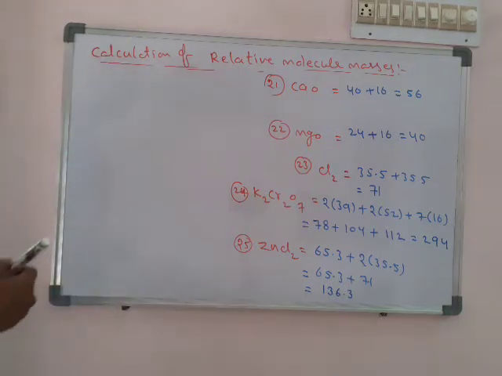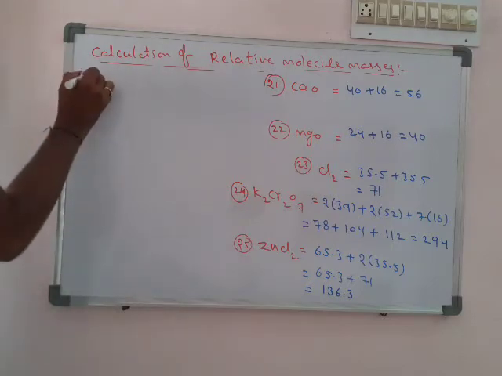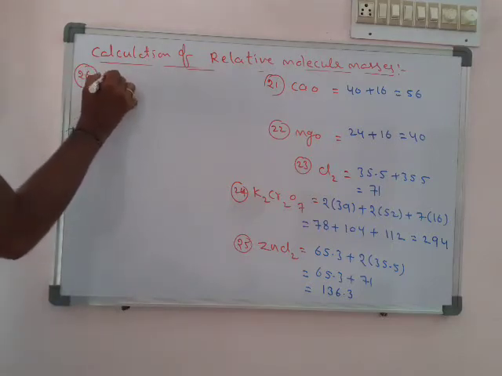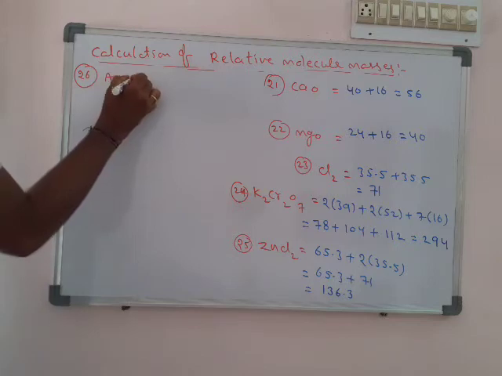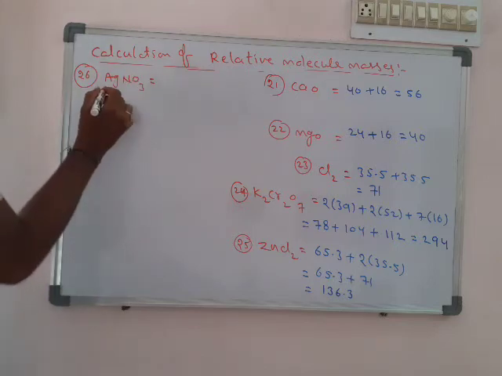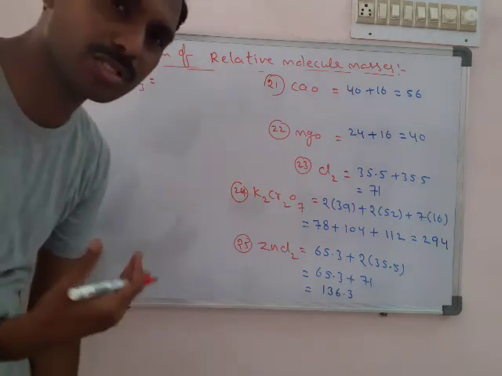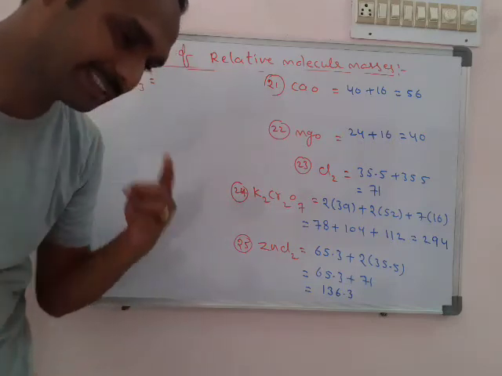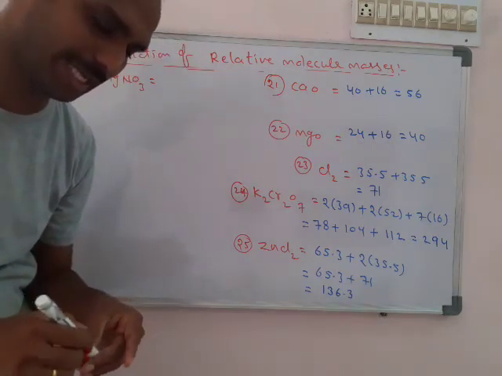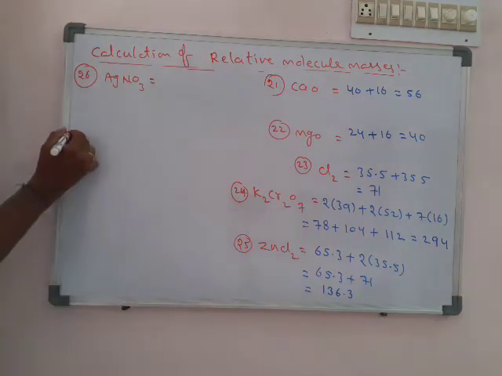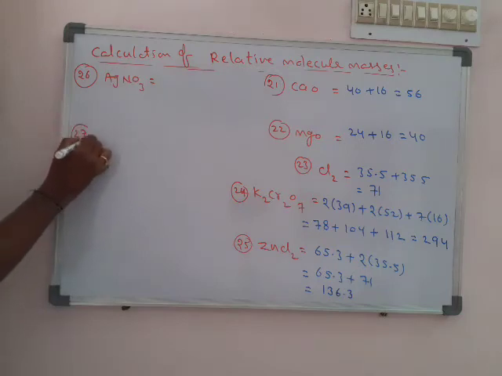Now we do some more elements, some more compounds. See, silver nitrate. Actually, this is generally silver. So, 30 elements of silver are covered. But the silver is a very important element for calculations, as well as some other very important ones.